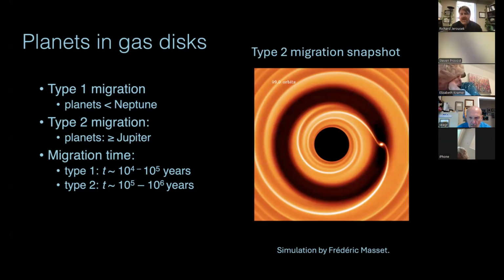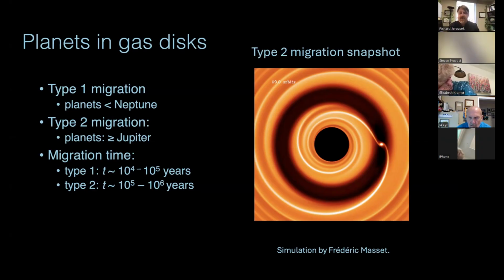So there's a clear empty space surrounding the planet, and because of that, the forces from the gas disk on the planet are smaller. The disk is further away from the planet, and the migration still happens, but it happens at a much slower rate.